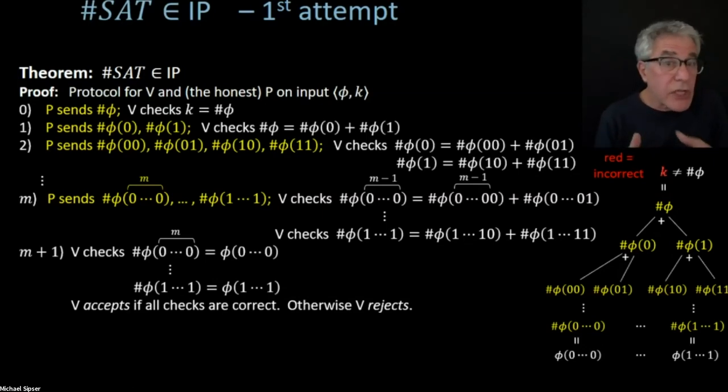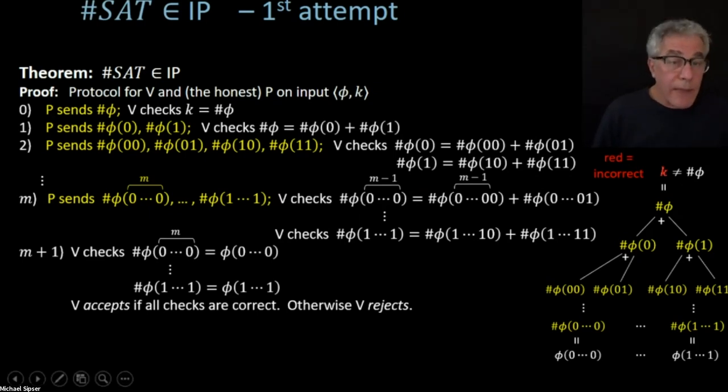You're going to see that there's nothing it can do. Later on, there's a chance that the prover can get lucky. But here, there's nothing it can do. Humor me and let's see the prover try to keep the verifier going as long as possible. So the prover, in order to prevent the verifier from rejecting at the beginning, would have to lie about the number of satisfying assignments.